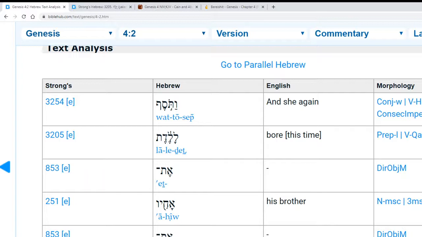That doesn't make sense. They're going to have to explain that to me, because for me it becomes pretty clear that the root is lamed dalet hey, the last letter of the word.